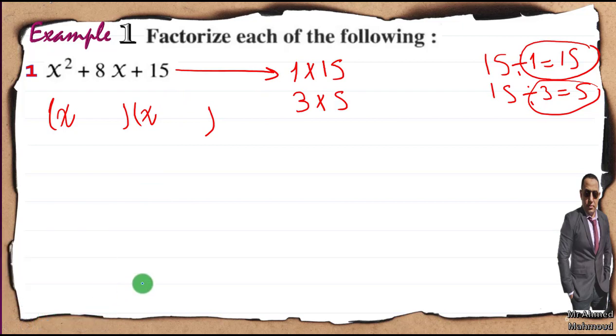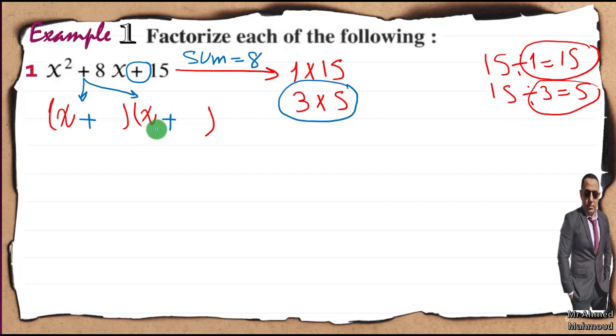The second step: the sign here is positive, so I'm going to send the middle sign here and here. So here I have plus, and here also I have plus. Because this sign is plus, I'm going to choose the numbers whose sum equals 8. 3 and 5, their sum equals 8.